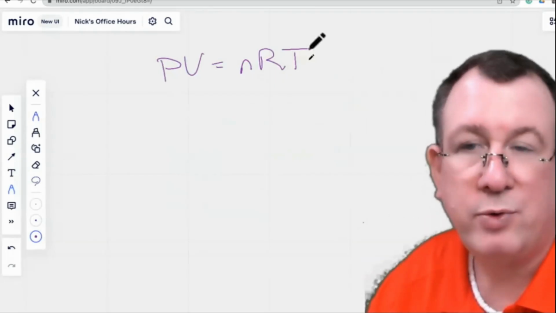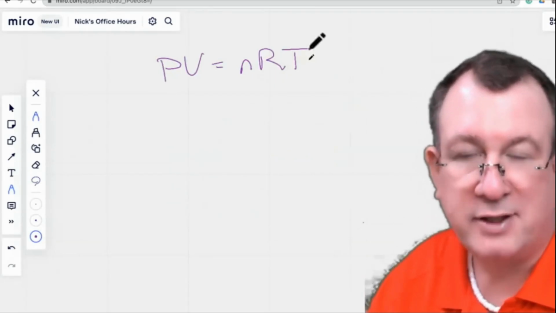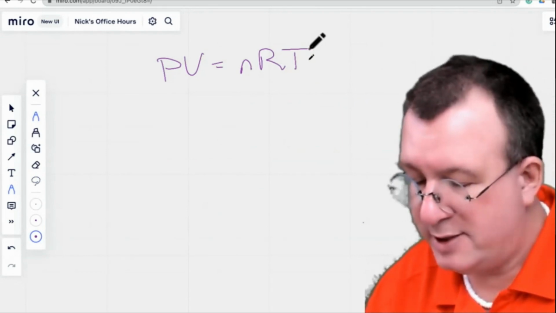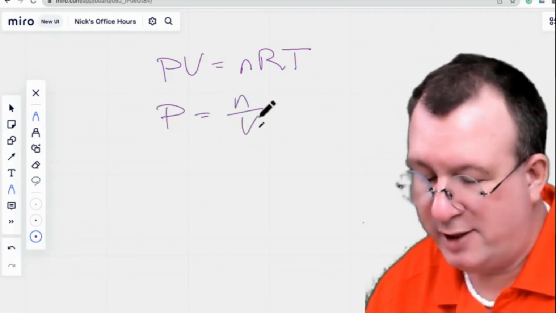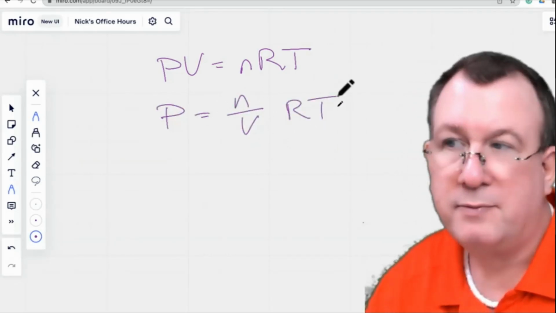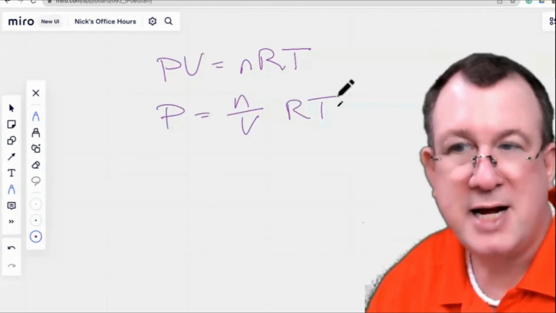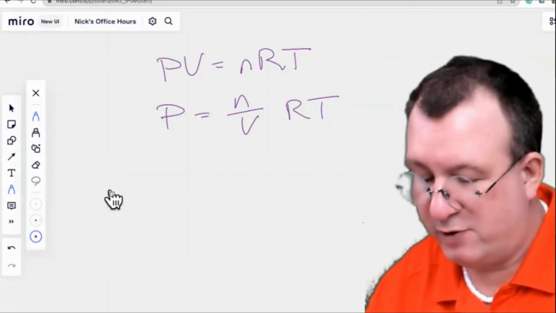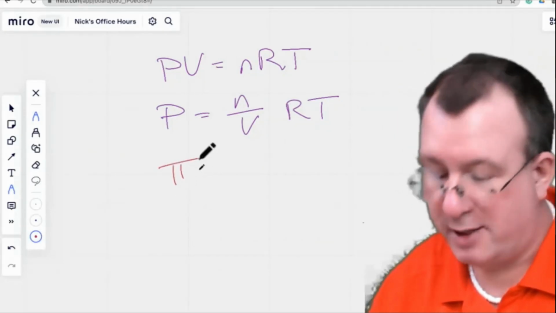Remember when we were looking at gases, how high a stack of liquid something supports? That's a measure of pressure. So we can look for that pressure by saying n over V RT. Now it's not the pressure that we're used to, so we're going to use a slightly different form of P. We're going to call it pi. That's the symbol we have for osmotic pressure.